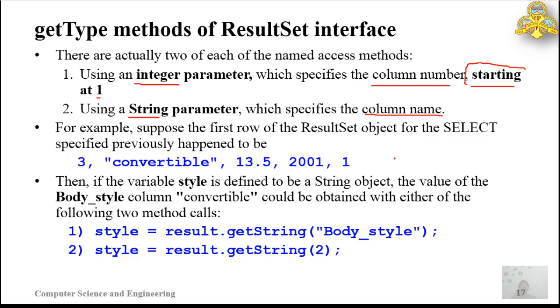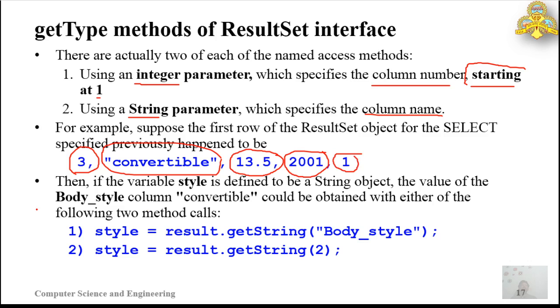For example, consider a result of a select command like this. The first field contains the value 3. The second field contains a value convertible as a string. The third field contains 13.5, which is a float value, the fourth value is 2001, which is an integer value, and the fifth field is 1, again an integer value.